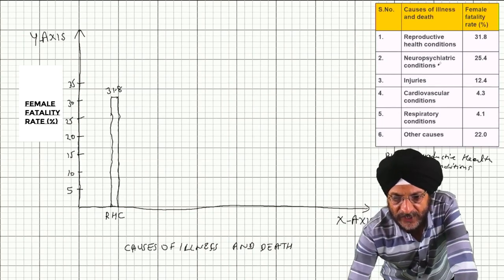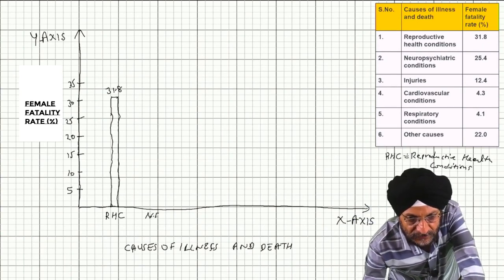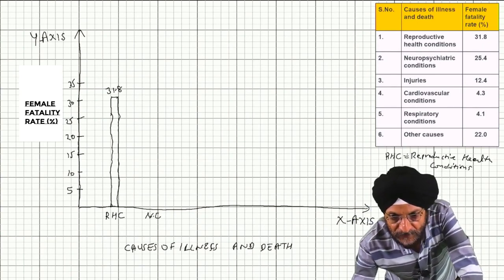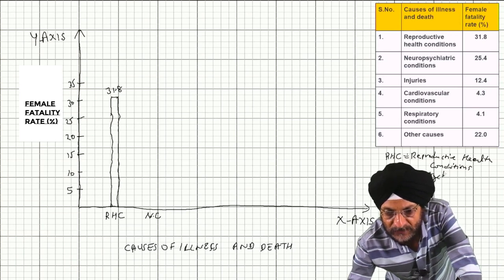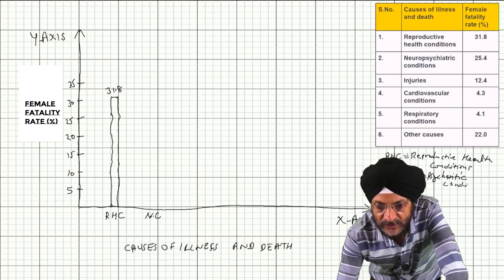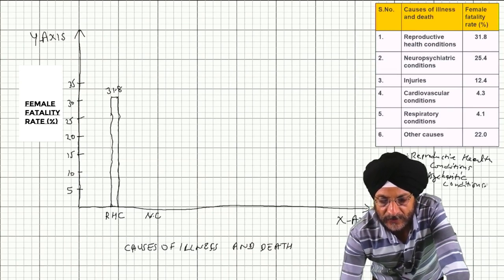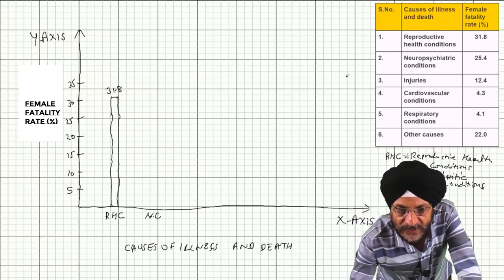Now, next we take neuropsychiatric conditions. You can mention here NC, neuro. You have to clearly mention that you are taking these abbreviations. Otherwise, the teacher in the exam may cut the marks of the papers.